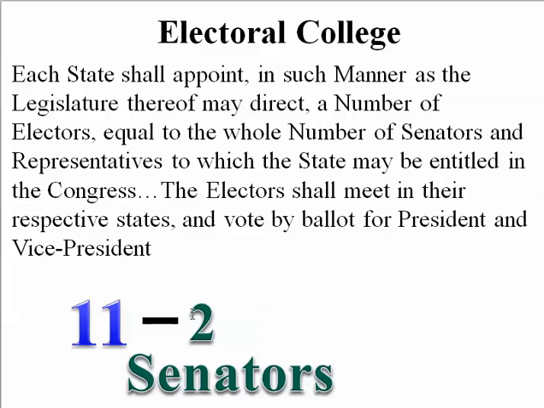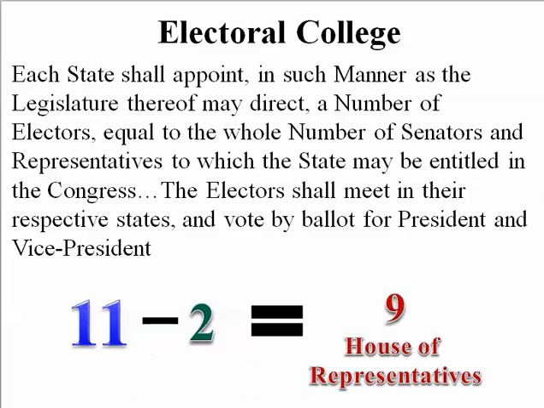All we have to do is subtract 2 senators. And then we would get that there are 9 House of Representatives members. So you take the House of Representatives number, 9, and then 2 senators would give us 11 Electoral College members.